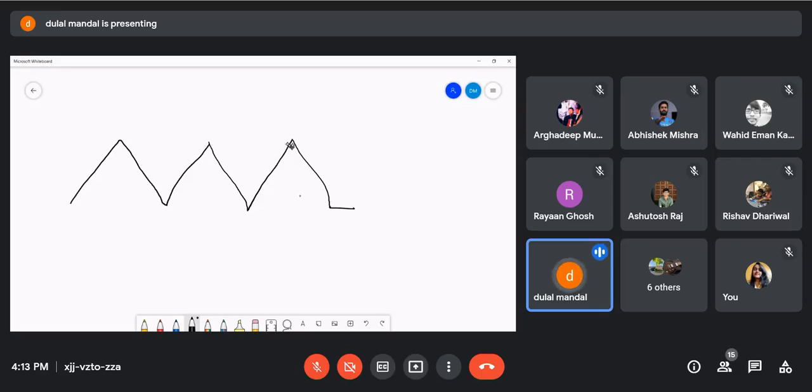Actually, this would be the straight line from here to here, and the distance between the two crests is called the pitch.